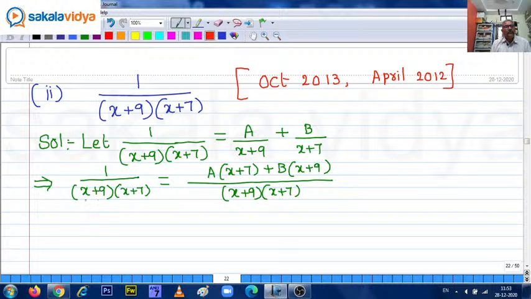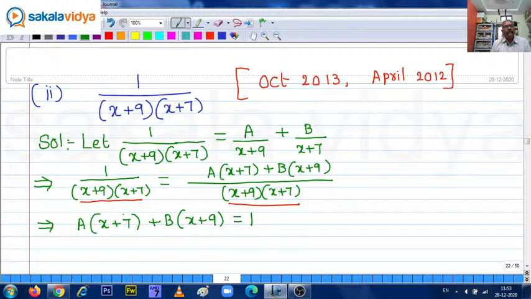So cancelling x plus 9, x plus 7 on both sides, we get like this now: a times (x plus 7) plus b times (x plus 9) equals 1.